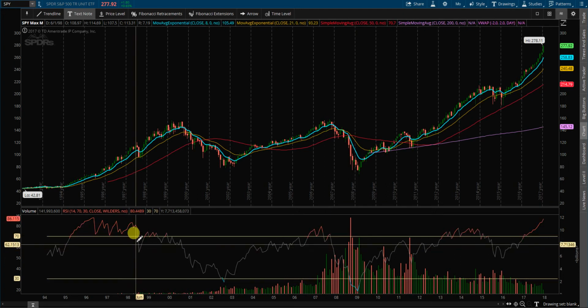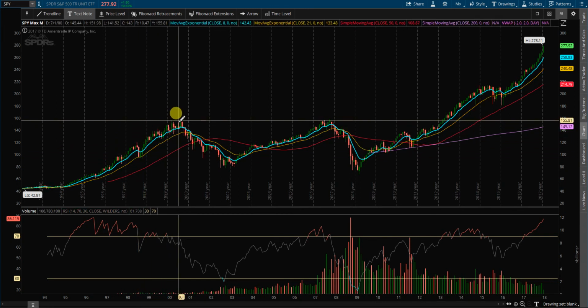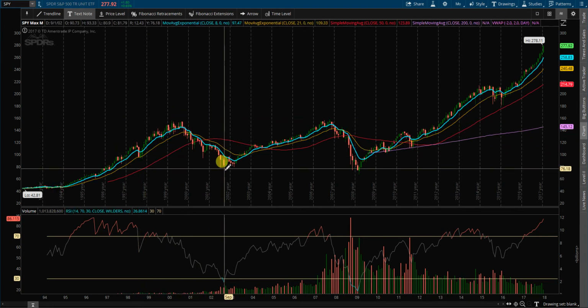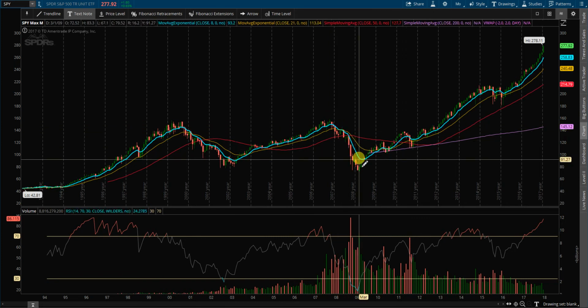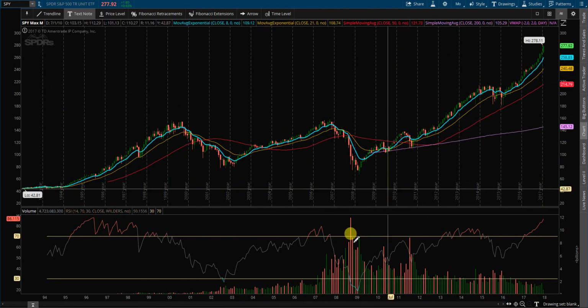Even when it came back down and went underneath overbought, it was still at 93, a 100% gain from there. It continued much higher, and finally did pull back for about a 50% retracement. It had another pop, pulled back, and continued much higher ever since then.